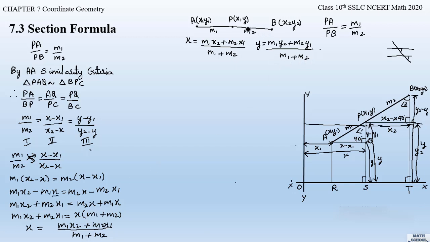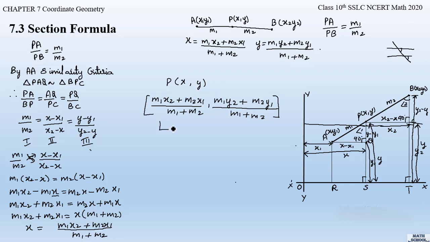So this is how we obtain the coordinates of point P, which divides the two points AB in the ratio m1 to m2. The coordinates of point P can be written as, the x coordinate is m1x2 plus m2x1 by m1 plus m2, and the y coordinate is written as m1y2 plus m2y1 divided by m1 plus m2.